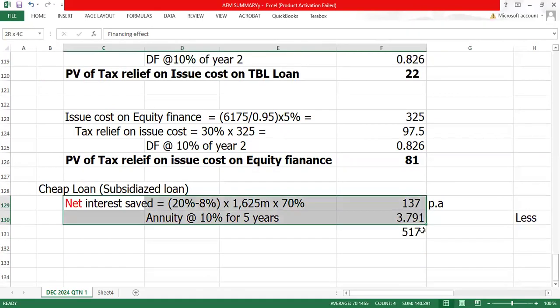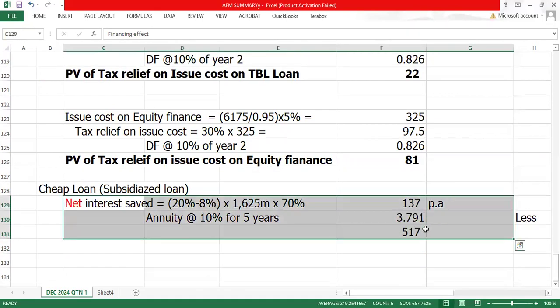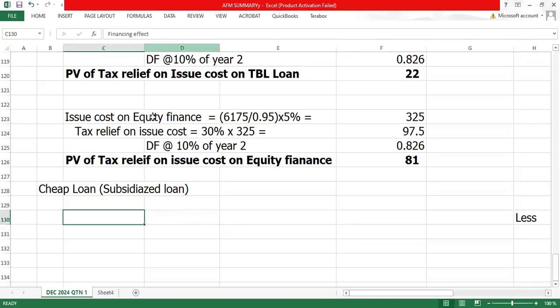But this question is not like that. We are claiming tax in arrears. So what does that mean?